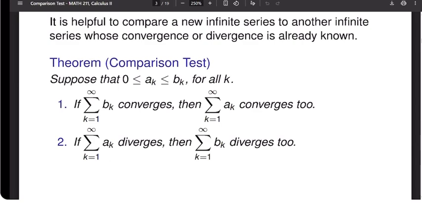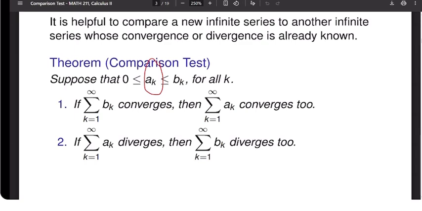Now, for us to be able to use a comparison test, if you're given a sequence a_n, just like the one you're seeing here, they give you a_n or a_k as the sequence. You need to be able to get a comparison sequence that will be bigger than a_n.